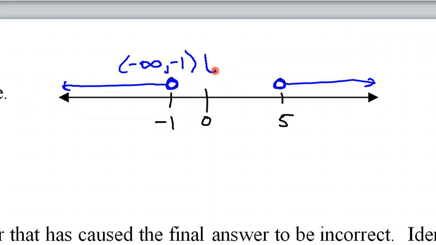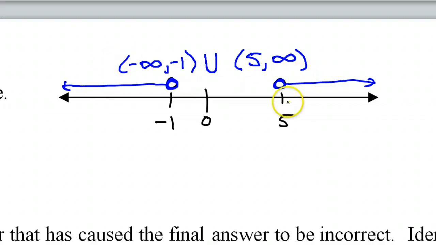And then we'll put a union symbol and join it together with the right branch interval. So how far left does it go? Well, it starts here at 5. How far right does it go? Infinity. So this would be the interval notation of the solution.